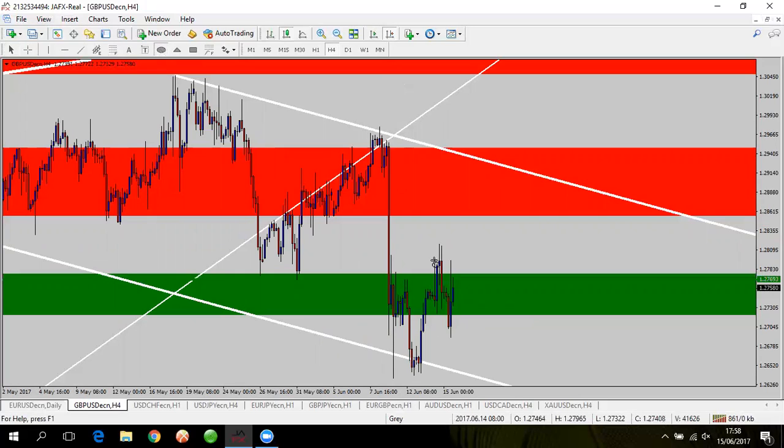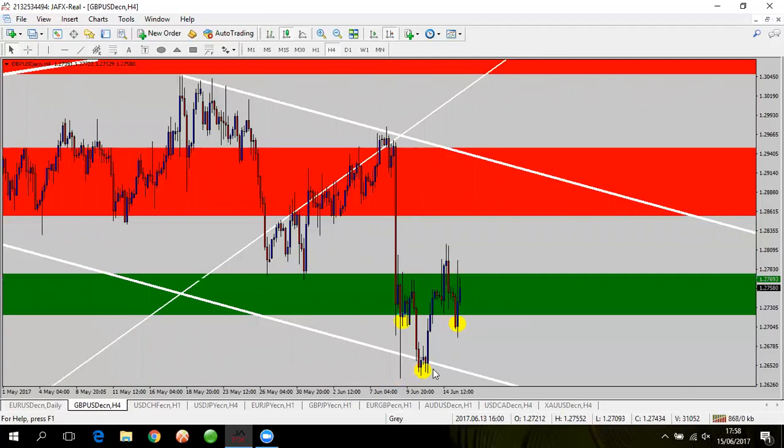What I currently see that is making me indecisive about GBP USD is this head and shoulders formation right here. We have the necklines, we have the shoulders, and we have the start up here, and we could very well end up pulling back up into this zone very quickly.